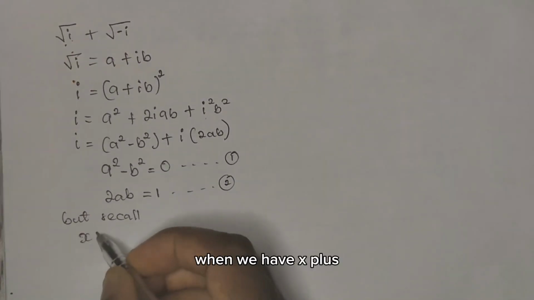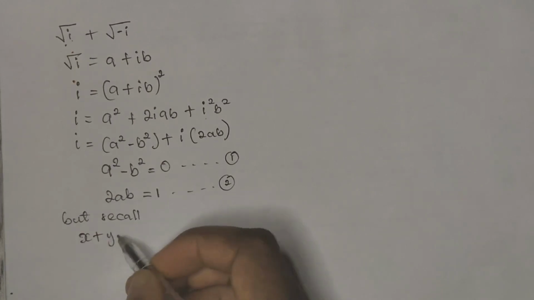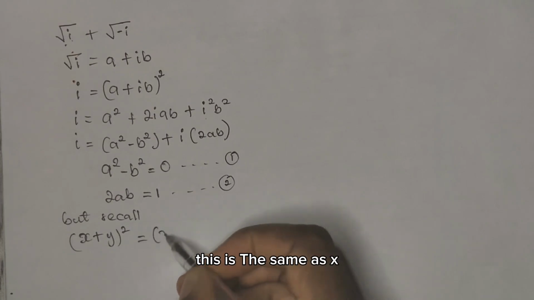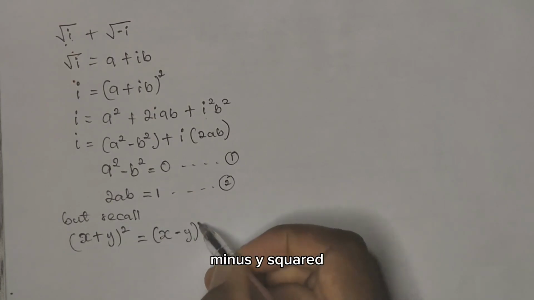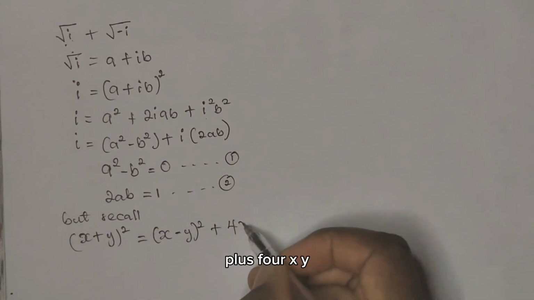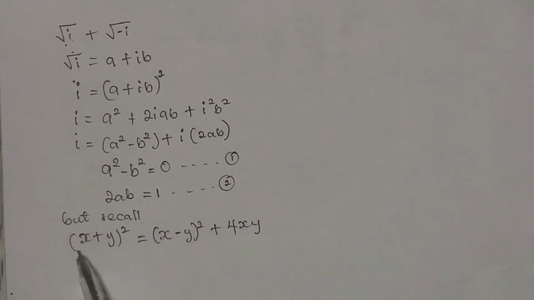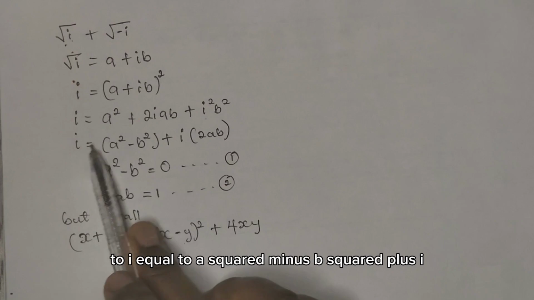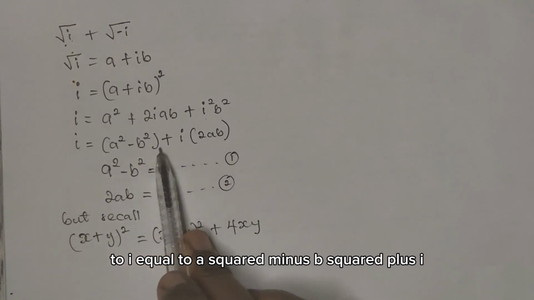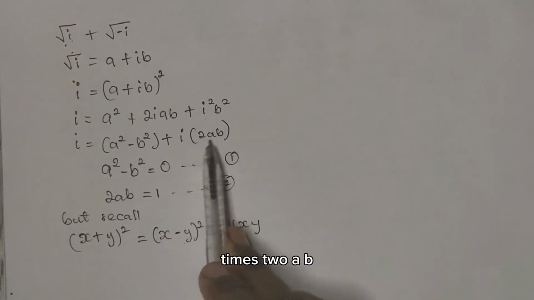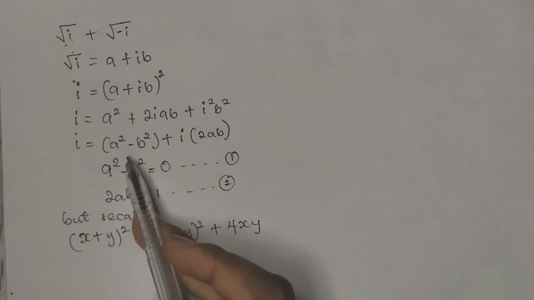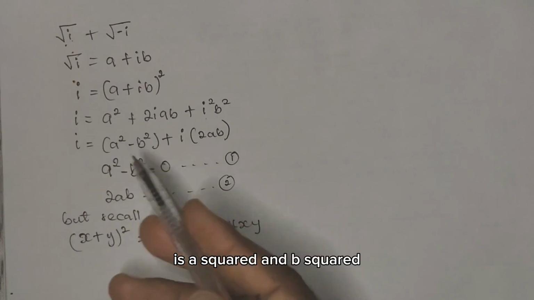when we have (x plus y) all squared, this is the same as (x minus y) all squared plus 4xy. Applying this to i equal to a squared minus b squared plus i times 2ab, our x and y are a squared and b squared.